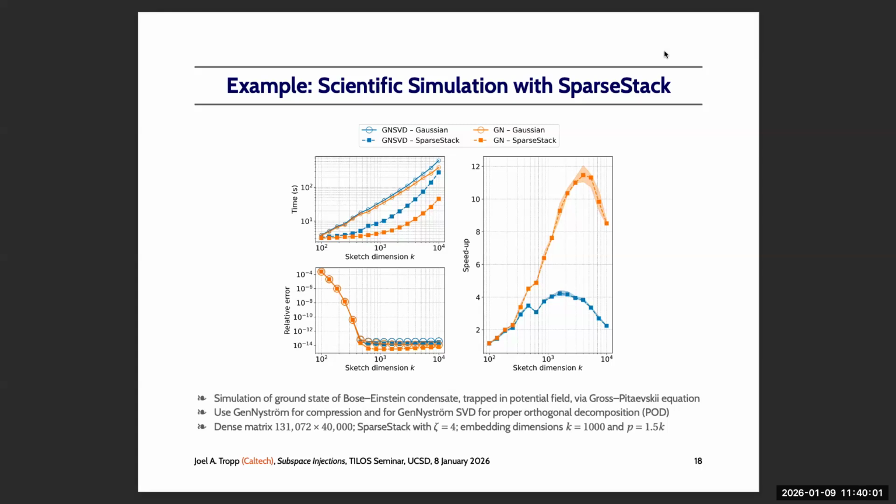And you can see that the error of all of them is basically the same. So sparse versus dense, same quality. On the other hand, the runtimes are different. So in this picture, this is the ratio of the cost of dense dimension reduction to sparse dimension reduction.